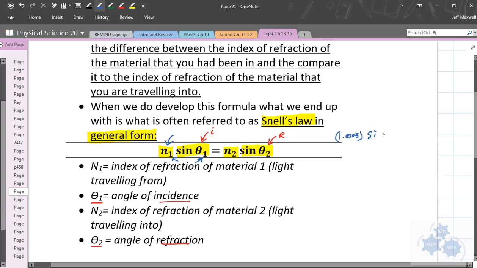Then you're going to have sine of your angle of incidence. Then over here you're going to have whatever your n2 is, and the sine of the angle of refraction. In a vacuum, or in air, where basically the speed of light is virtually the same, this is basically times 1. Times 1.0003 is basically times 1. So if it's in air, this is 1.